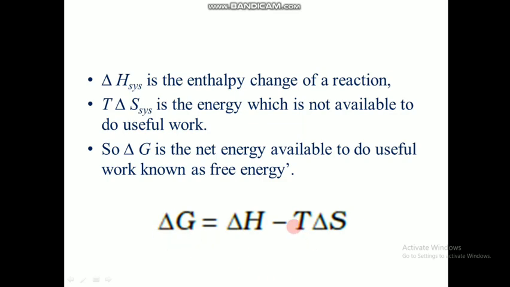For that, we need to get either T as a great value and delta S as a small value, or just the opposite. The delta S should have a greater value and T should have a smaller value. Anyway, this should cover up this value, then only we will get delta G as a negative value, and that time only the process will become spontaneous.